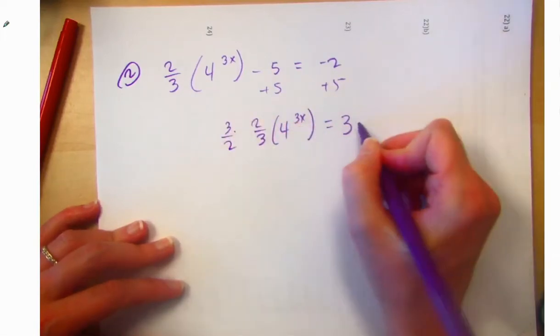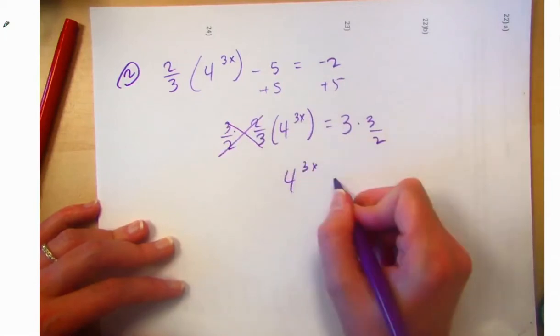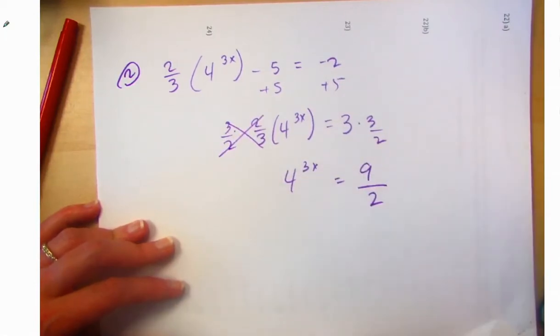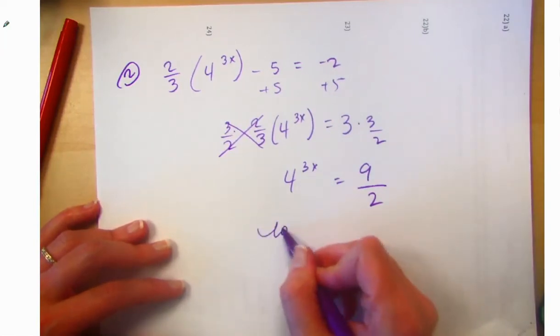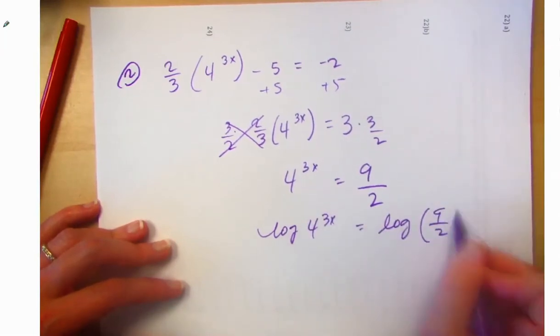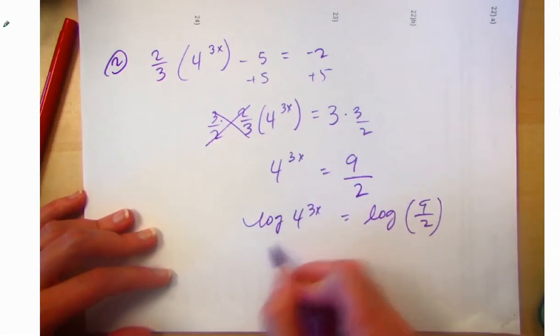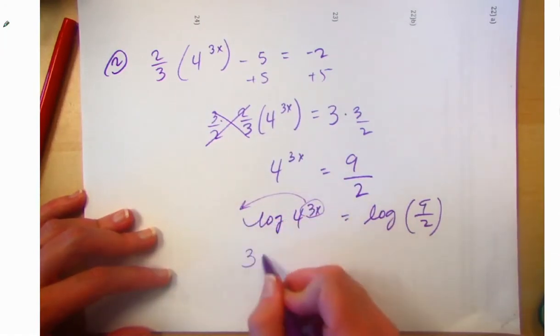Multiply both sides by 3/2, and we get 4 to the 3x equals 9 halves. Now, from there, we're going to do it just like we did the other problem. So we're going to take the log of both sides. Log. Oh, and you're like, oh, wow, Mrs. Hendry, that's the log of a quotient. So Superman that 3x to the front.